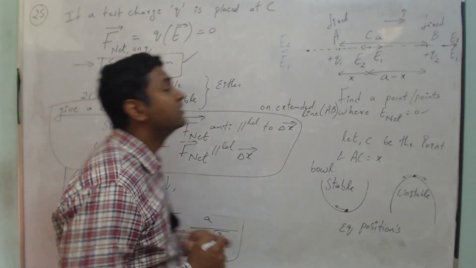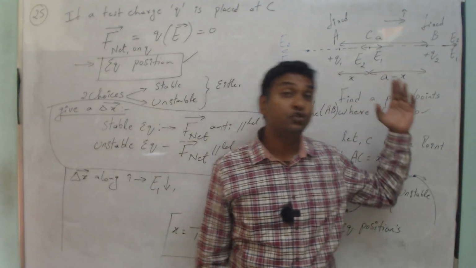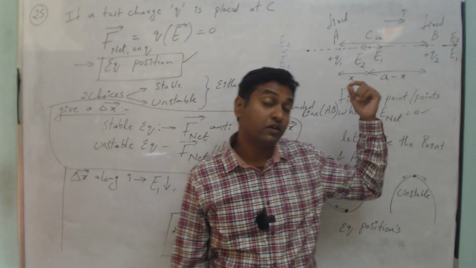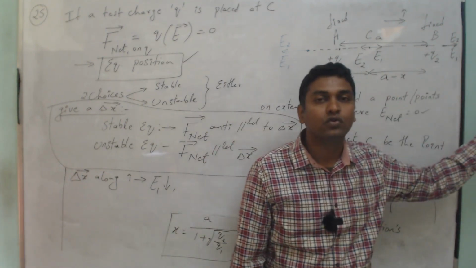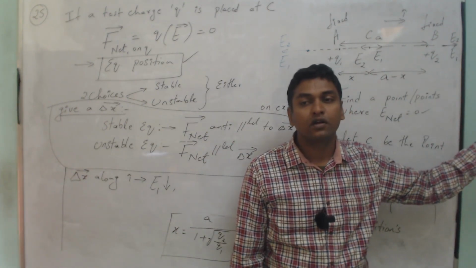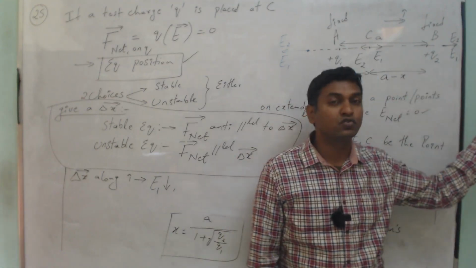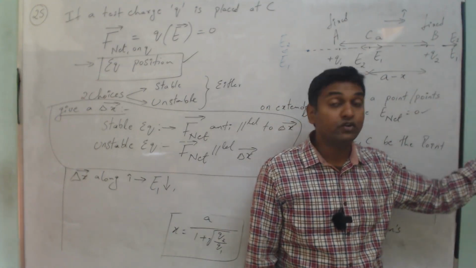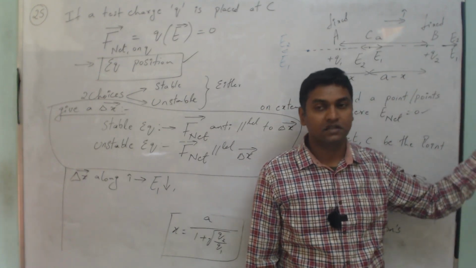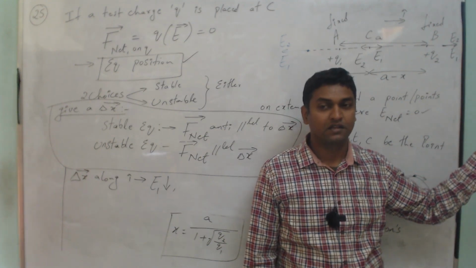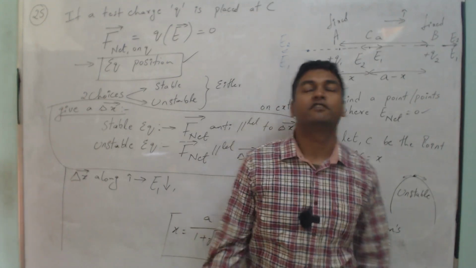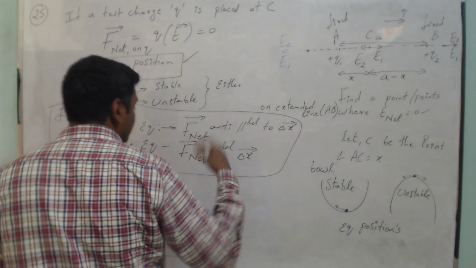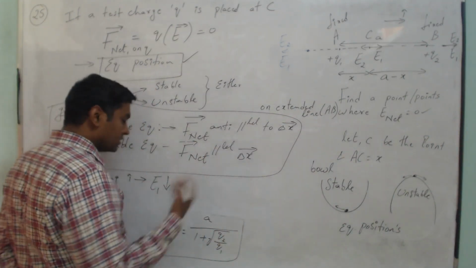Second point, will the electric field E2 increase or decrease? If I'm going towards the right, that means I'm going closer to Q2. If I go closer to Q2, will my electric field E2 increase or decrease? It will increase, because when we are going closer to a positive charge, that will be for E2.